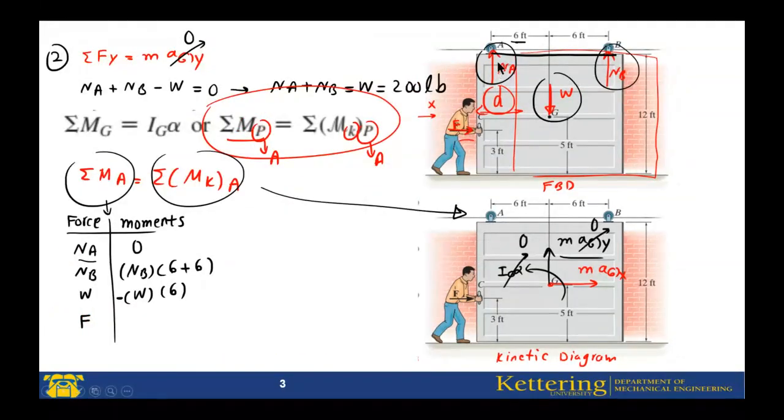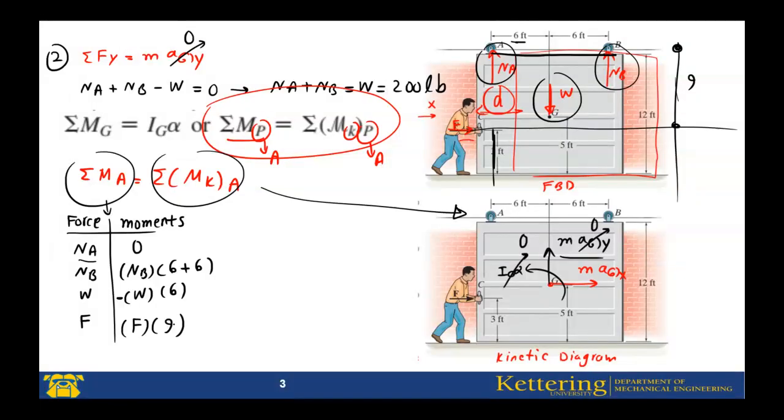The force of F about the point A is force multiplied by the vertical distance. How much is the distance of F? Look, this is the F direction. You need to find the vertical distance from the point A. What is the vertical distance? Is this one. How much is this one? Total is 12. This one is 3. This will be 9. This will be F multiplied by 9. And this is positive.